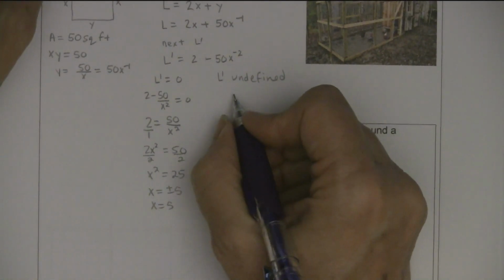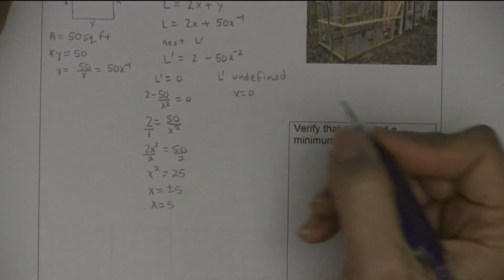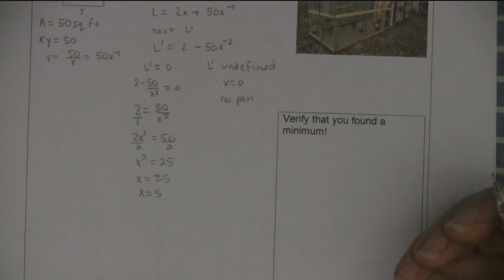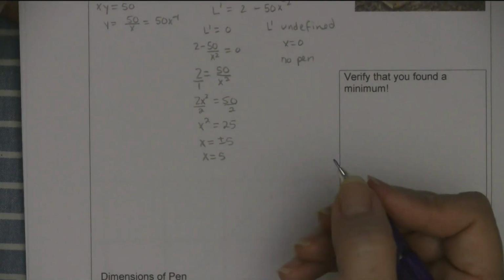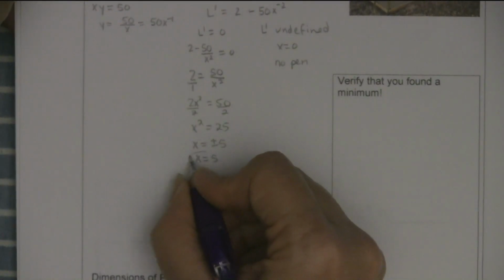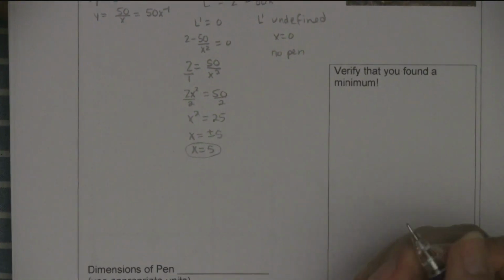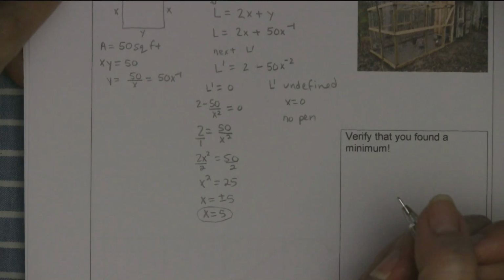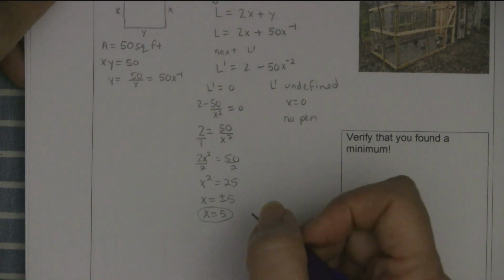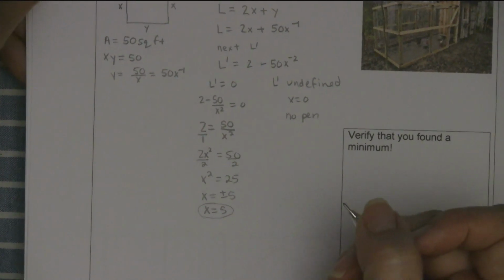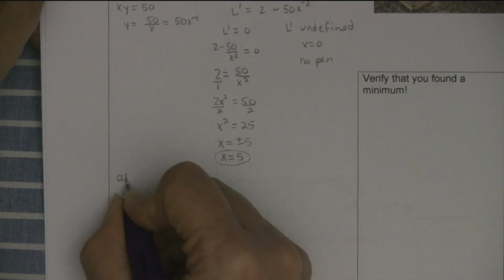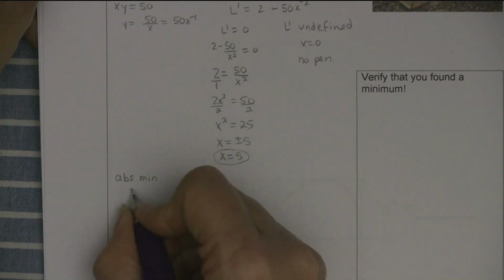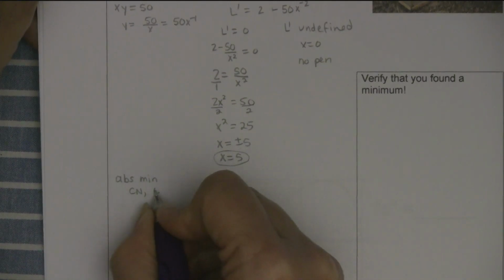And it is undefined at X is 0, but that doesn't make a pen. And so no pen. So we know that that cannot be it. And so we only have one critical value. And in order to find the absolute max, you should think about the critical values and the endpoints, right? Oh, excuse me, it was absolute min. I want the absolute min, and I should be looking at the critical numbers and the endpoints.